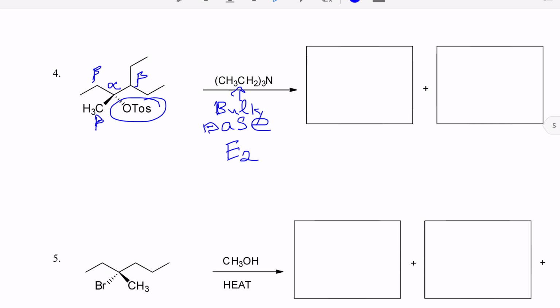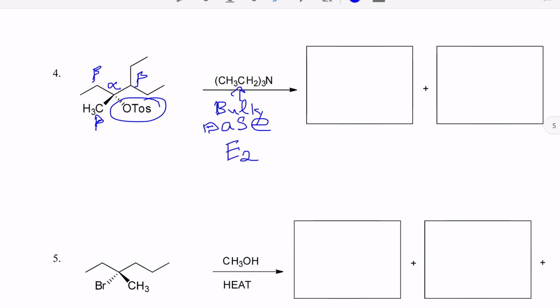So when we are dealing with E2 reactions, we have to remember that there is a particular rule in elimination reactions which is referred to as Zaitsev's rule. And Zaitsev's rule states that the base wants to basically remove the proton corresponding to the beta carbon that has the least number of hydrogens altogether.